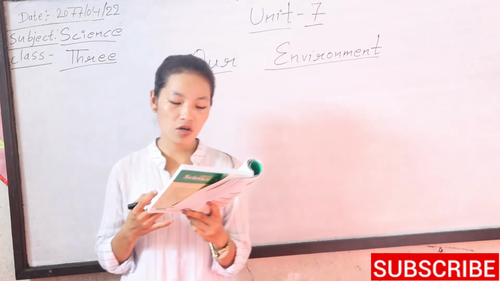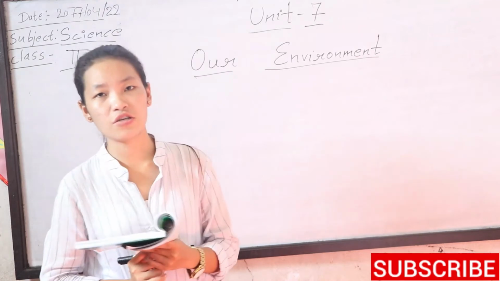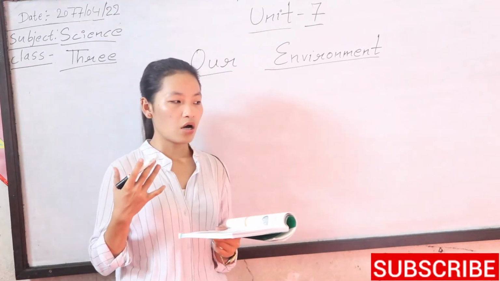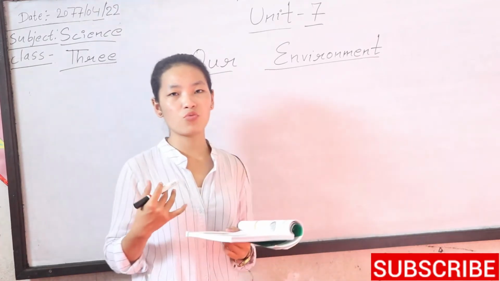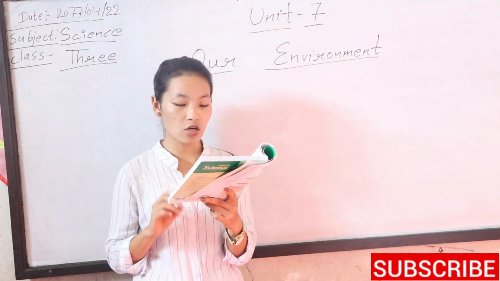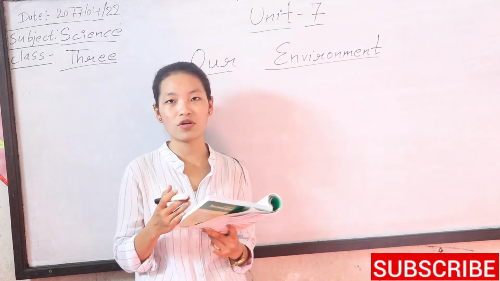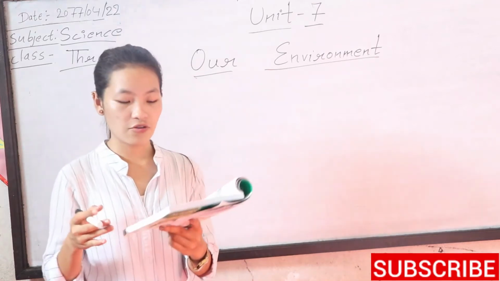So the environment containing various waste materials is called a dirty environment. What type of environment do we call the dirty environment? The environment containing various waste materials here and there is known as a dirty environment.